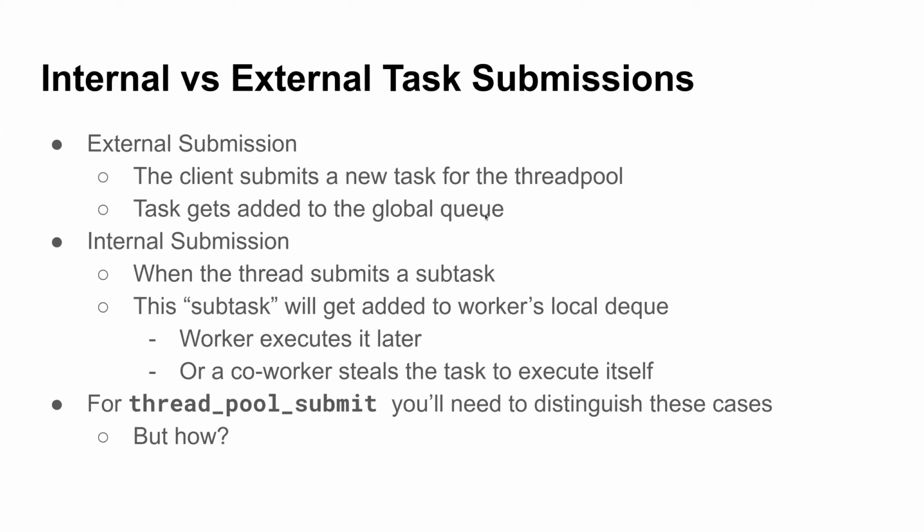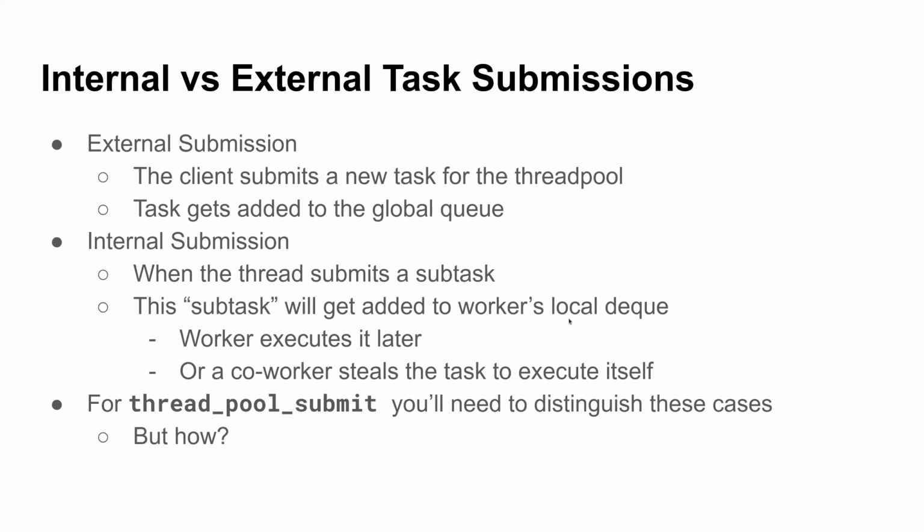So yeah, internal versus external task submissions. As I mentioned, external submissions are called externally by the client and they're added to the global queue. Internal submissions is when the thread submits a subtask. And as I said, that's when the thread pool itself is executing a function pointer that inevitably calls thread pool submit. So that's an internal submission, and it'll be added to the local worker's queue. So that's what happens when you call thread pool submit within the thread pool.